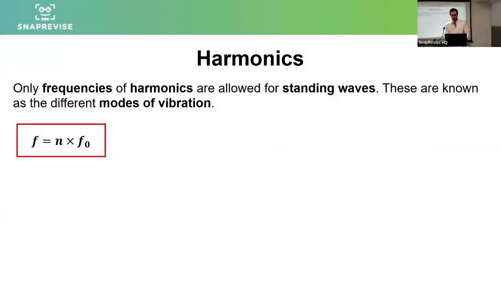Okay, our final topic before we go for another break is harmonics. We mentioned them briefly. Only frequencies of harmonics are allowed for standing waves. These are known as the different modes of vibration.